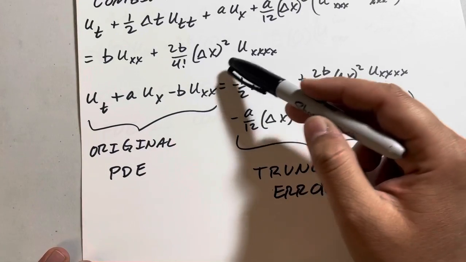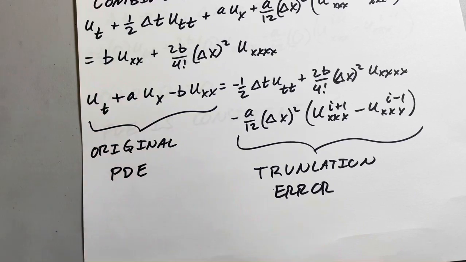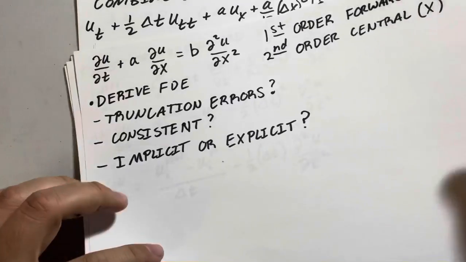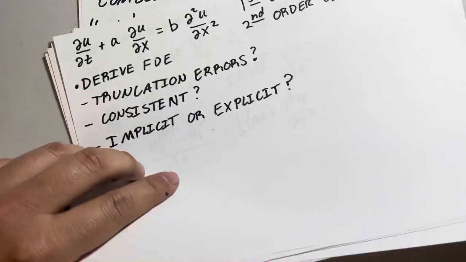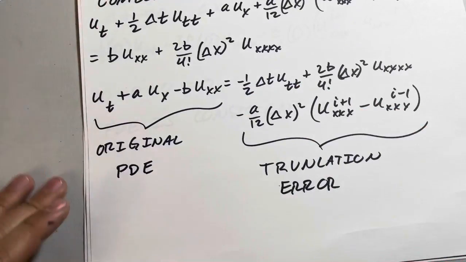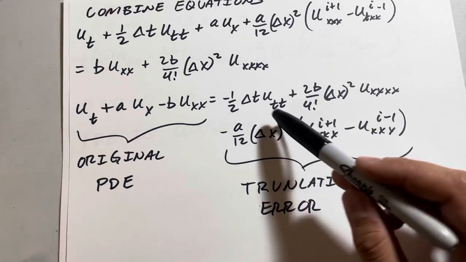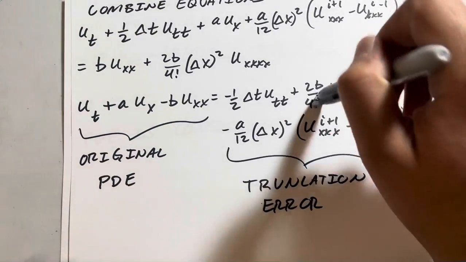So we moved the right hand side onto the left, what we had here, set it to the left side. And if this was going to be exactly the PDE, if we didn't have a truncation error, this would actually be equal to 0, but we do not.